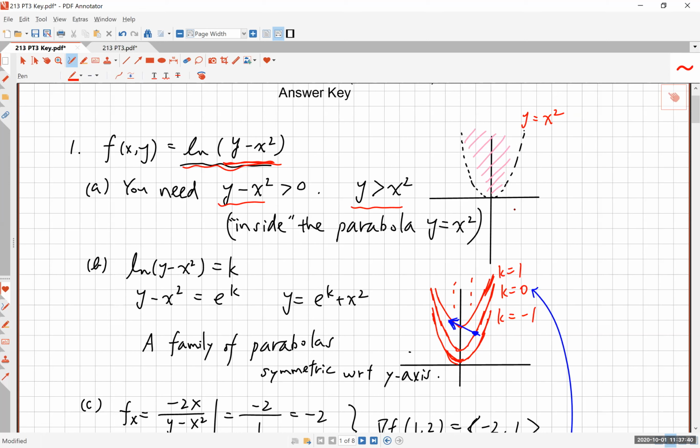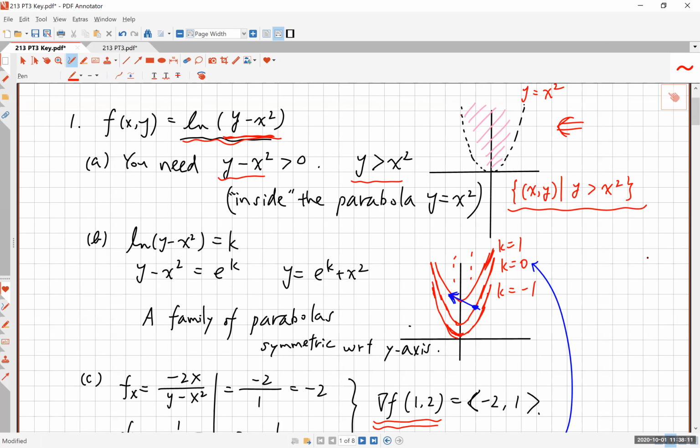Now you could technically say the domain is the set of all x, y such that y is greater than x squared. You don't have to write it in this precise way, but this is also an acceptable answer. I mean, it is the more precise way of doing this. But since you are asked to sketch the domain, you would have to have a picture like this showing the parabola. And the reason the parabola is in a dotted line is because none of the points on the parabola are actually in the domain.